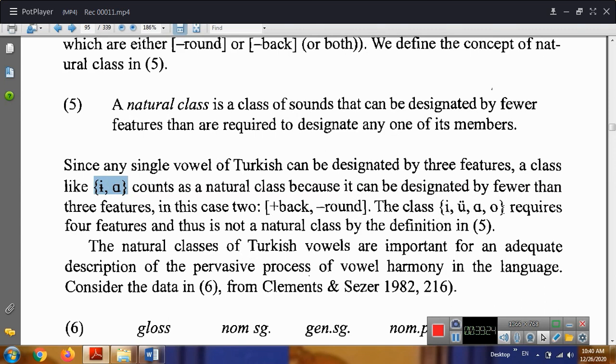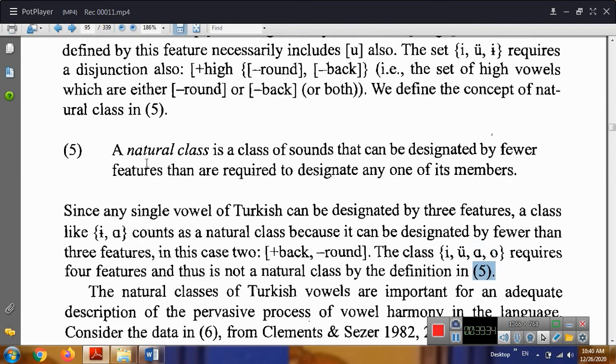The class E, U, A, O requires 4 features and thus is not a natural class by the definition in 5. When we want to show a single vowel in Turkish, we should define it by 3 features.